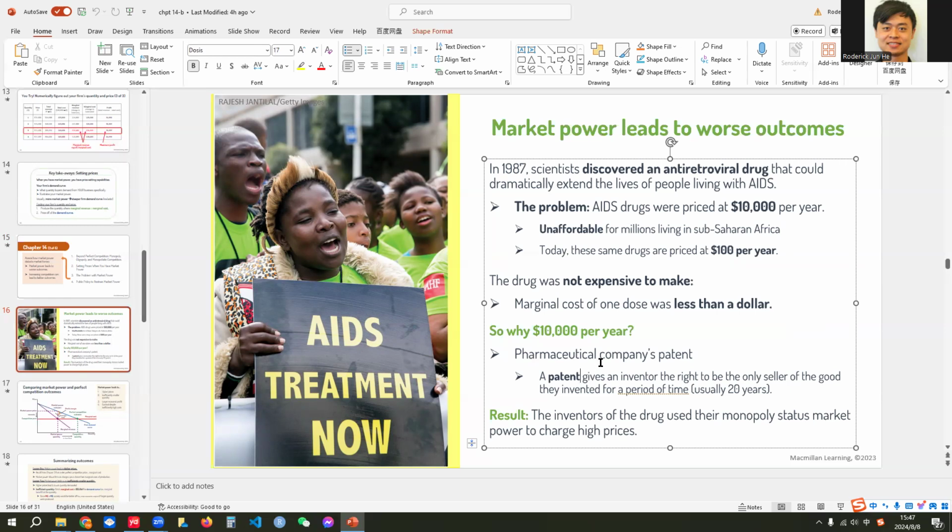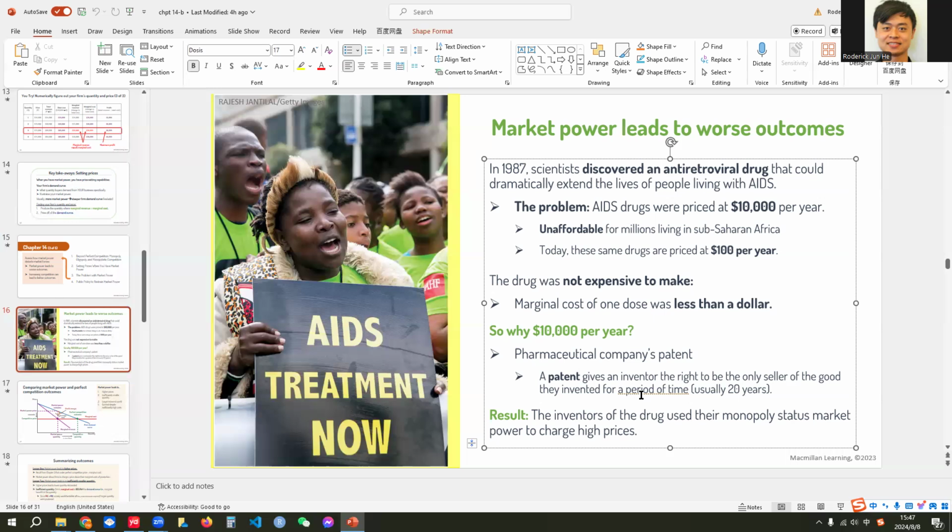Because even though each pill is not expensive to make, the research and development costs a lot. And we want to give those pharmaceutical firms the incentive to keep getting new drugs, getting better drugs by doing their lab work. So that's the basic idea.